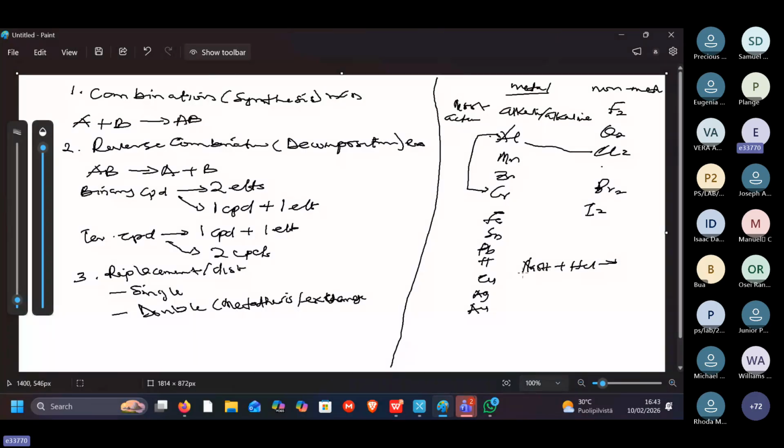We understand the sodium, which is an alkali, is more reactive than the hydrogen, so it will displace the hydrogen, and then the hydrogen also attaches itself to that. So that becomes sodium chloride plus water.